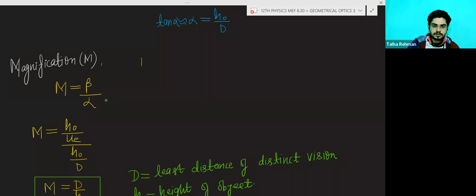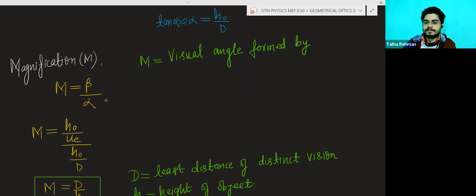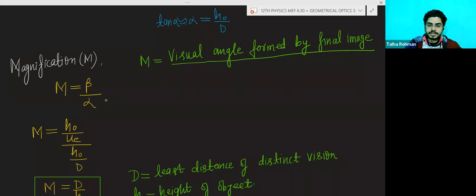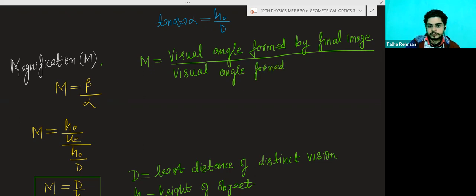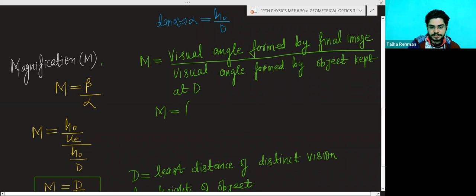So for the microscope, magnification is given by visual angle formed by final image divided by visual angle formed by object kept at D, and that is why I have written beta by alpha.